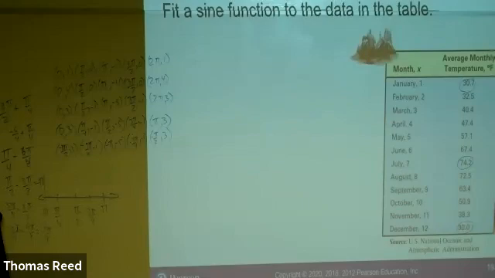So 52.3. And so right now I have sine of x plus 52.3. So when x is 0, then it's at 52 degrees.